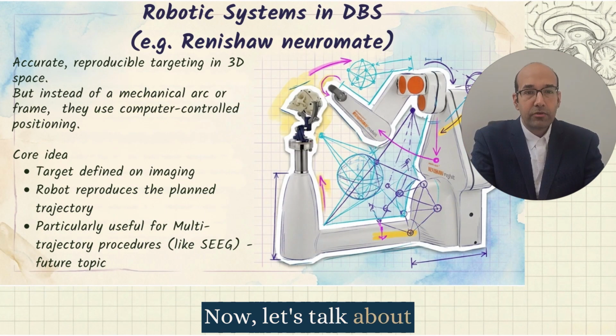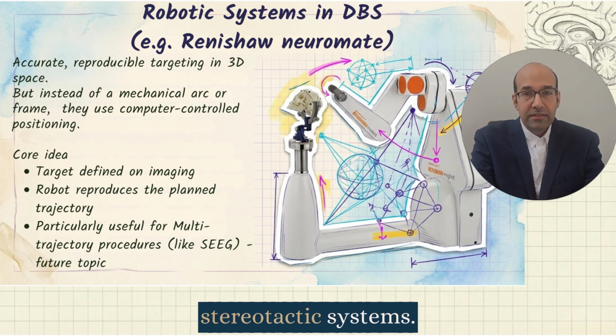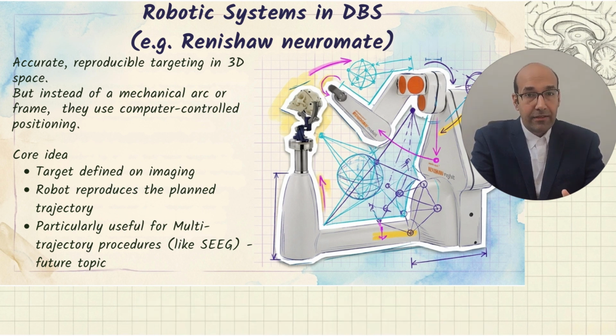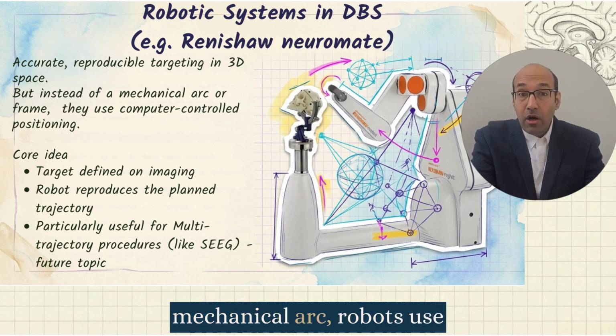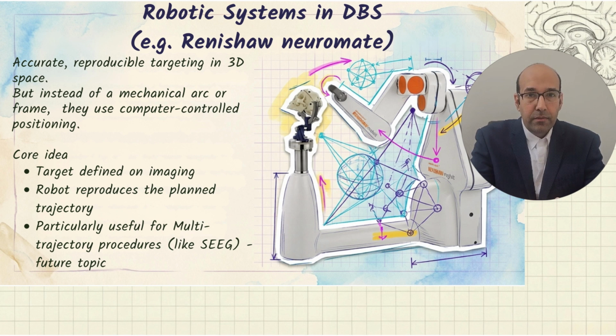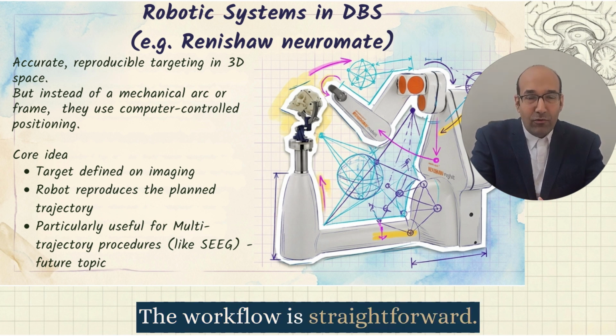Now let's talk about a newer approach, robotic stereotactic systems. The goal is exactly the same as frames. Accurate, reproducible targeting in three-dimensional space. But instead of a mechanical arc, robots use computer-controlled positioning to reproduce your planned trajectory. The workflow is straightforward.